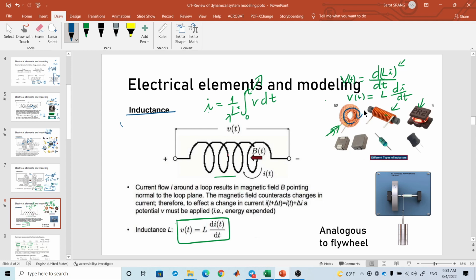The spinning of a magnetic flux is like spinning a flywheel like this. So you put a load here. The force is like voltage. You put a constant voltage, so here you have a constant weight.